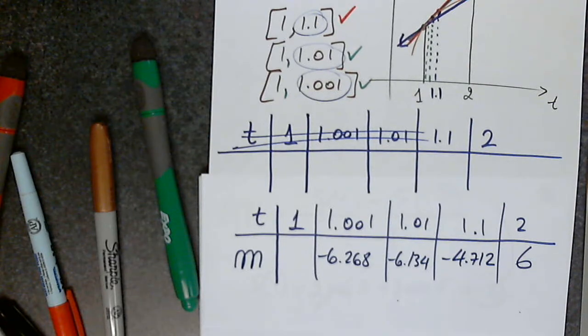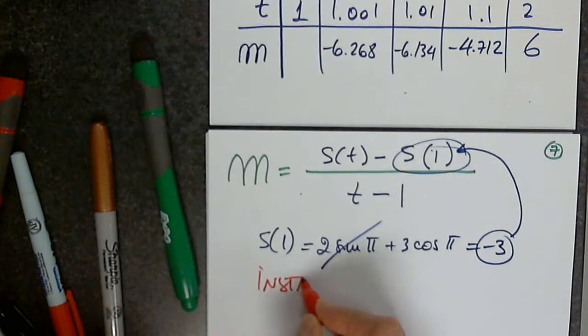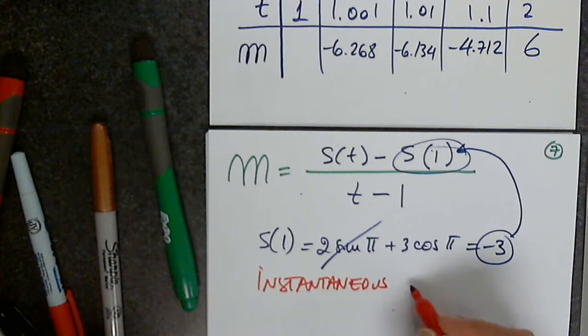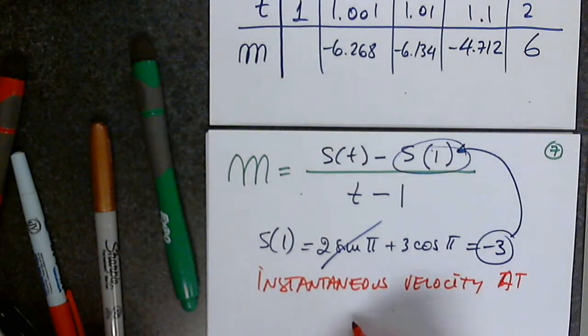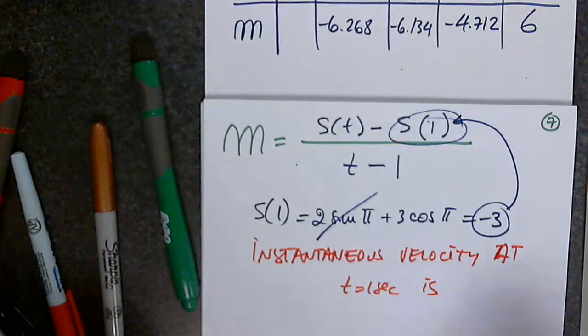So, to answer the final question, estimate the instantaneous velocity of the particle when t is 1. And I'll stop. What will you say? The instantaneous velocity at t equals 1 second is negative.